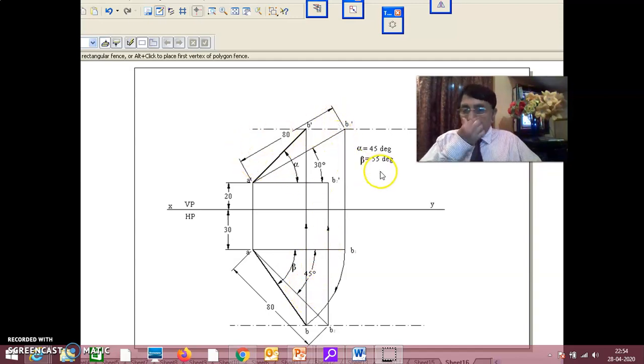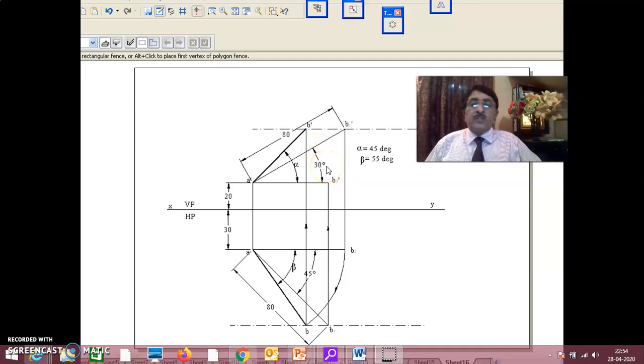That means keeping A' and A fixed, the line initially will be inclined at 30 degrees, and keeping that inclination constant, I rotate the line such that it is not only inclined at 30 degrees to HP but also inclined at 45 degrees to VP.